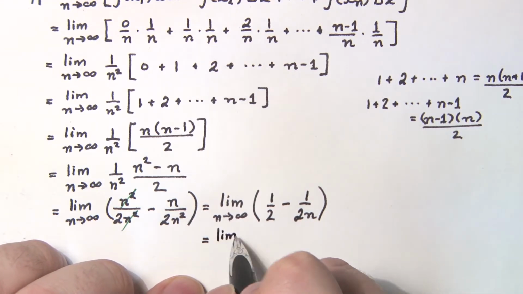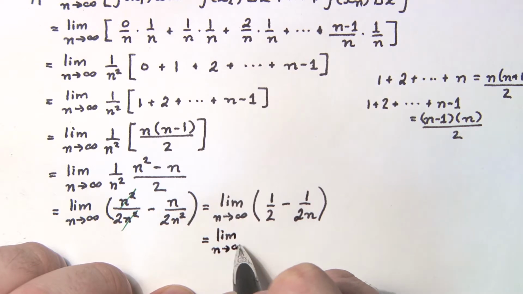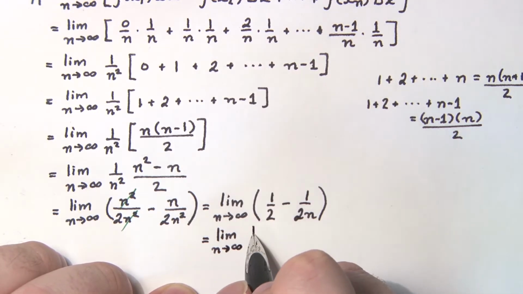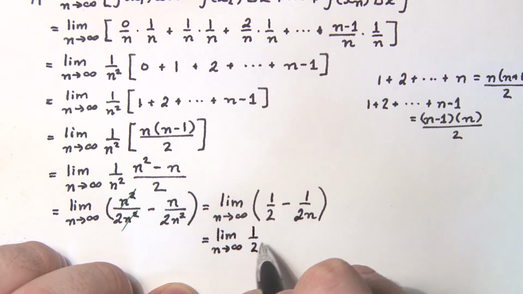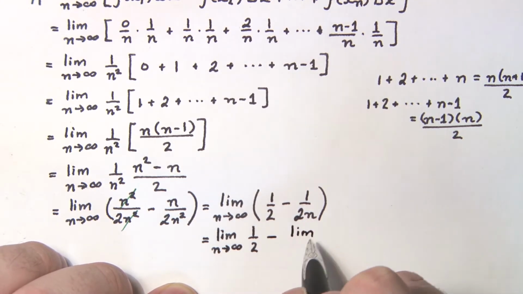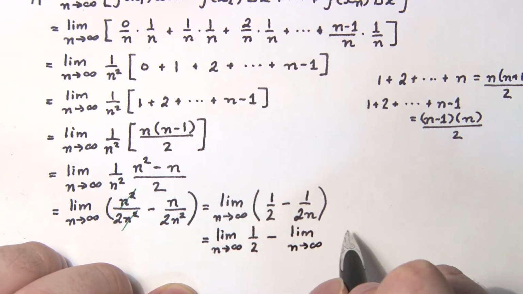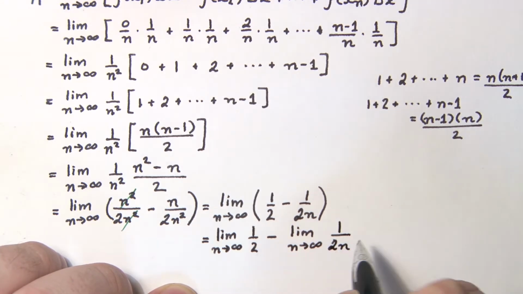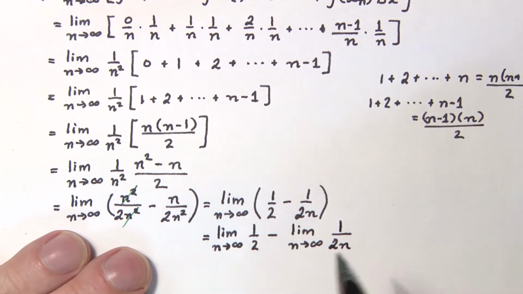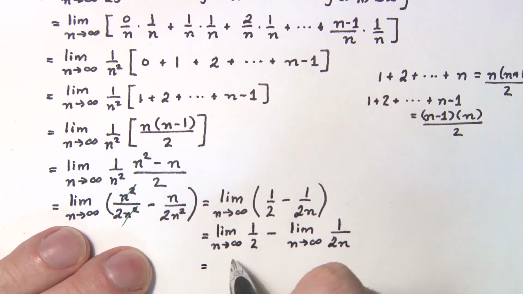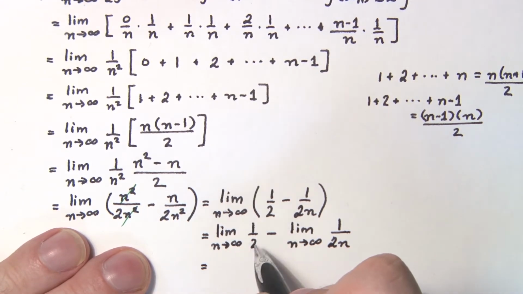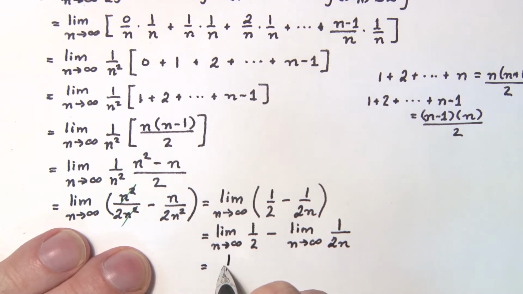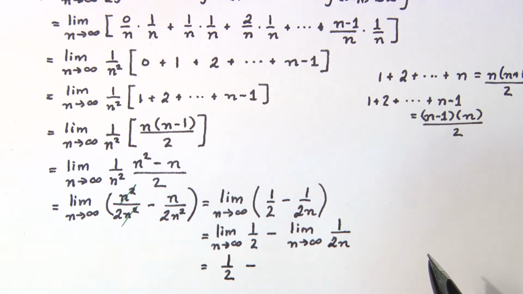What I'm going to do is apply the limit to each individual term here. So I have the limit as n goes to infinity of 1/2 minus the limit as n goes to infinity of 1 over 2n. Now, as n goes to infinity, it doesn't affect this 1/2 here. So that's just equal to 1/2 minus, this is the interesting part, the limit as n goes to infinity of 1 over 2n.